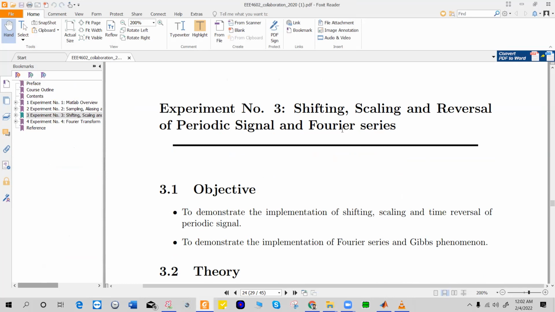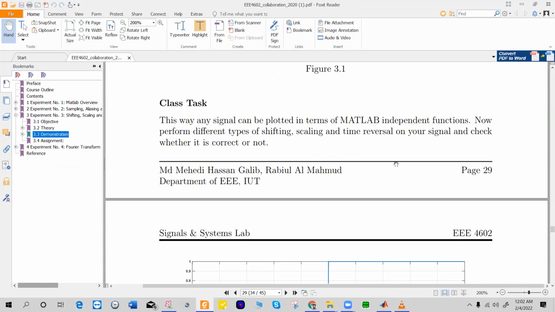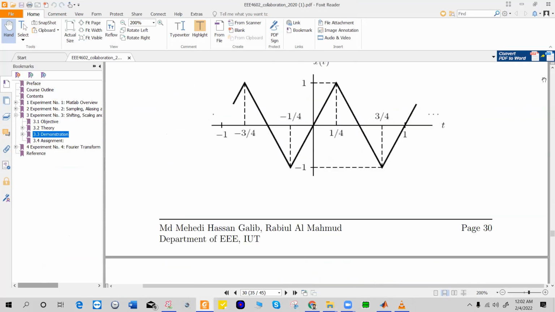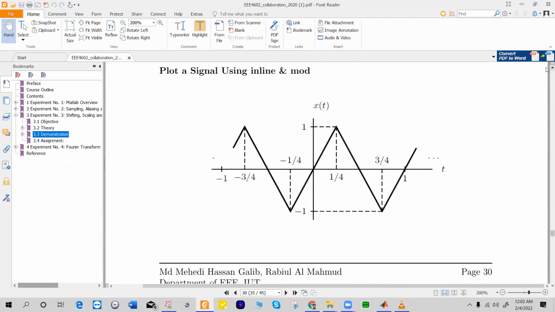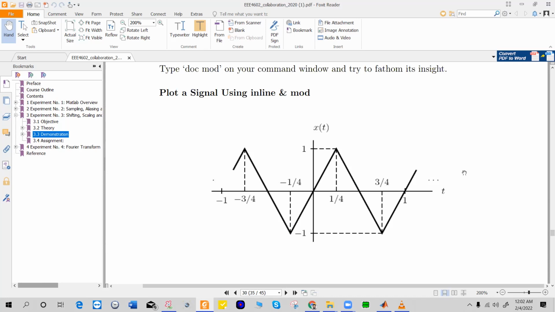Before moving to the Fourier series, let us first see how we can define a periodic signal in MATLAB. You can see the figure: on the x-axis we have t, on the y-axis we have x of t. This is a periodic signal, which is nothing but a triangular wave.